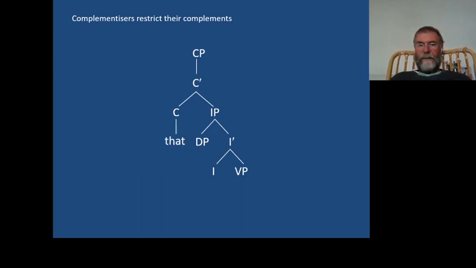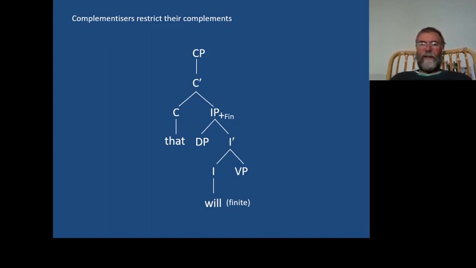If you use that, then the inflection phrase that follows it must be finite. It's got to have an inflection which is either a modal or a tense. That means that if you've got a finite inflection, by projection, you're going to get a finite IP, okay, because the head projects its properties.